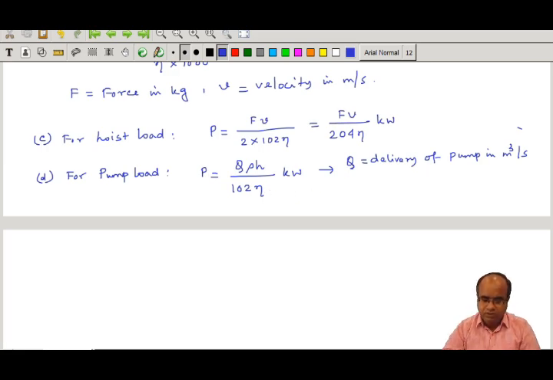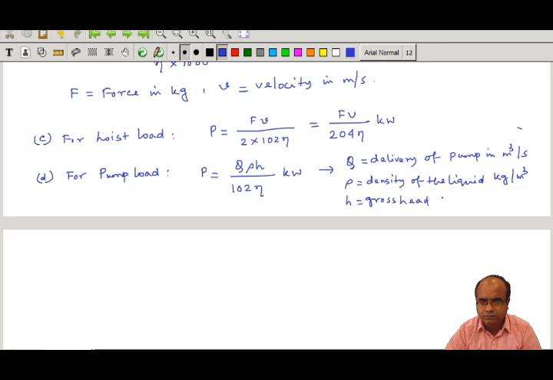Rho is the density of the liquid in kg per meter cube, and H is the height or gross head in meter.